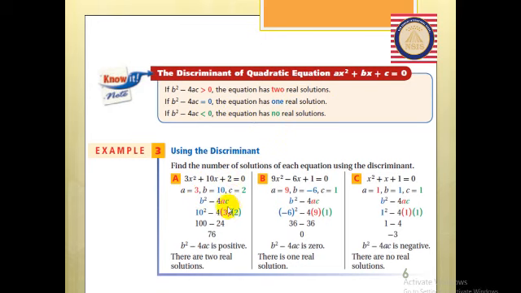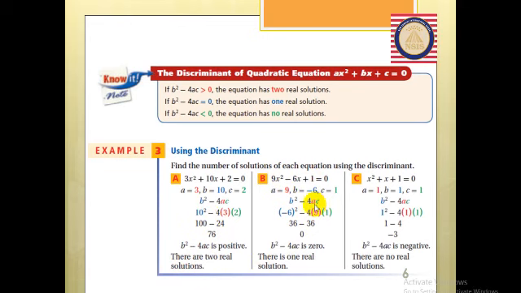As here, my A is 3, B is 10, C is 2. I'm going to get the discriminant, say with me, b power 2 minus 4ac, and substitute. I have positive, so I have two real solutions. Here, what's my A? 9. What's the B? Negative 6. What's the C? Plus 1. What is the discriminant? b power 2 minus 4ac.